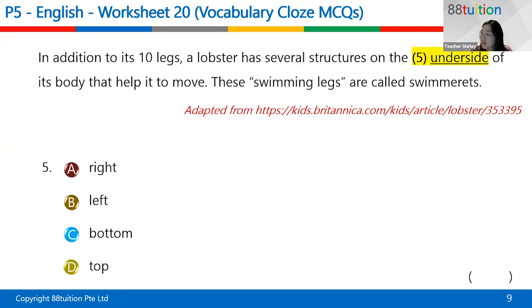In addition to its 10 legs, a lobster has several structures on the underside of its body. Yes, Jerusha. Bottom. I think this one is quite straightforward. Underside has to be bottom. These swimming legs are called swimmerets.